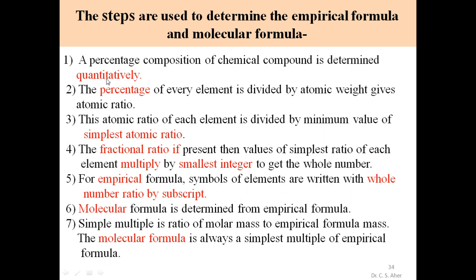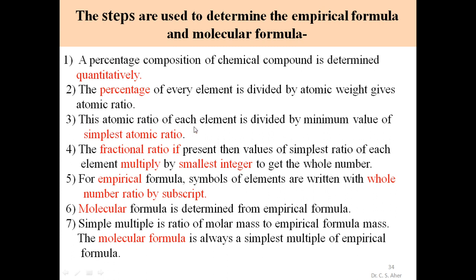This is the experimental part, and from this we get the percent composition of the compound. The percentage of every element is divided by its atomic weight to give its atomic ratio.